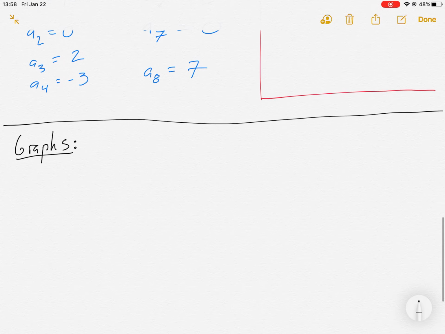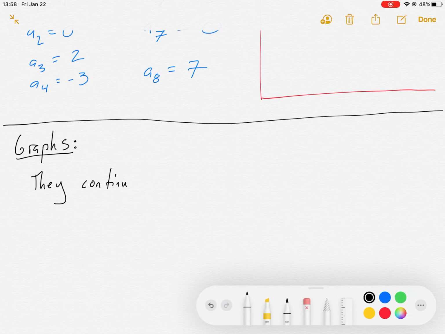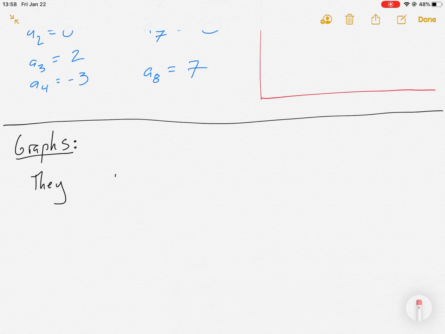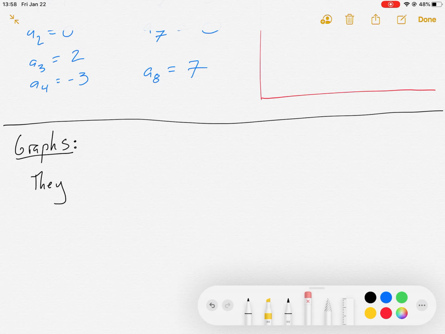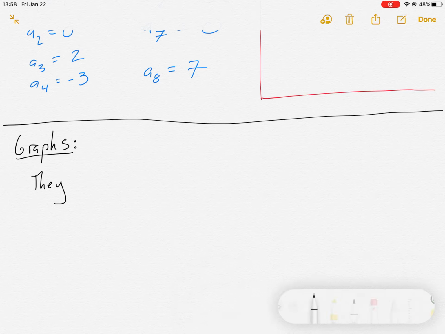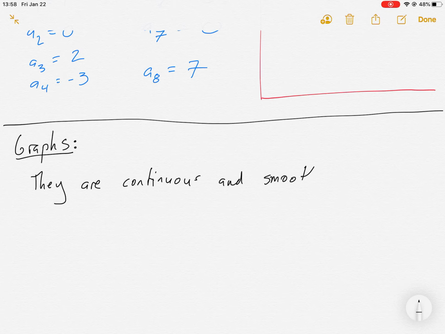This won't really come up in our class, but it does show up in calculus when you're thinking about a derivative, which you'll learn about later on in calculus. But one of the important things about polynomials is that they are continuous graphs, meaning there's no breaks, there's no jumps, there's no asymptotes, and they are also smooth, so no corners.